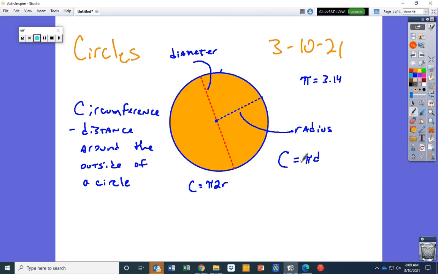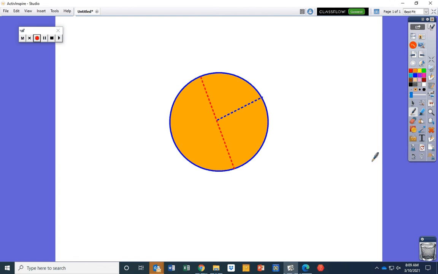Now, anytime you multiply by a decimal, here's a mistake I see a lot. Let me give these some measurements. Does everybody have this written down? Let's say that on this particular circle, the radius is 6 feet, and I'm asked to find the circumference. The first thing I'm going to do, and I'm going to write this formula every time, is write C equals.